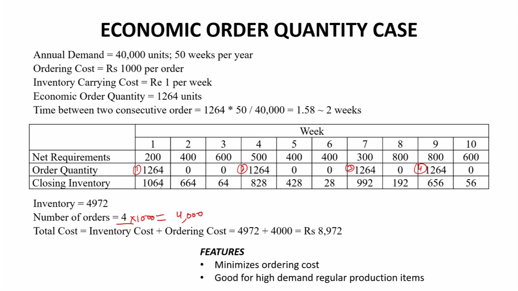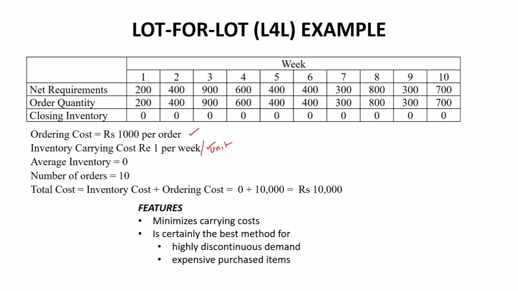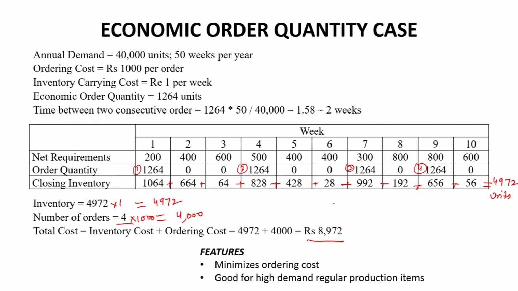And the inventory is 1064 plus 664 plus 64 plus 828 plus the rest, which is equal to 4972 units. That is the inventory, and 1 rupee is the inventory carrying cost. So, together for this ordering policy, the cost is 8972, as compared to the previous policy, lot for lot, where the cost was 10,000.